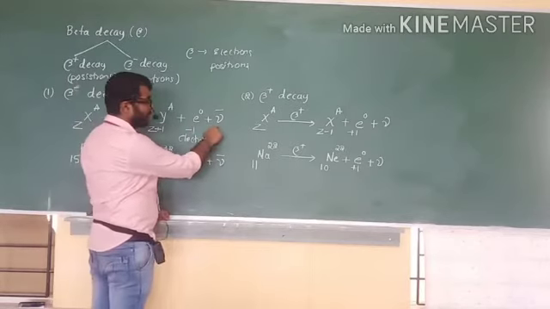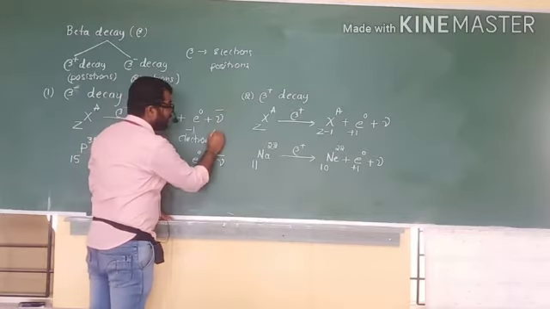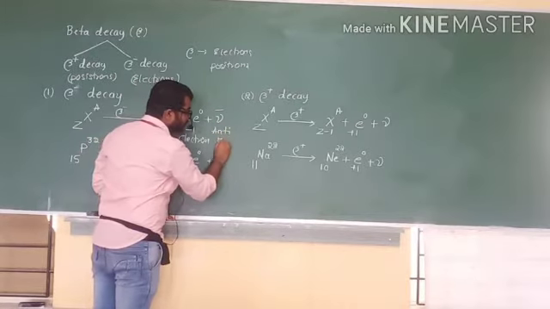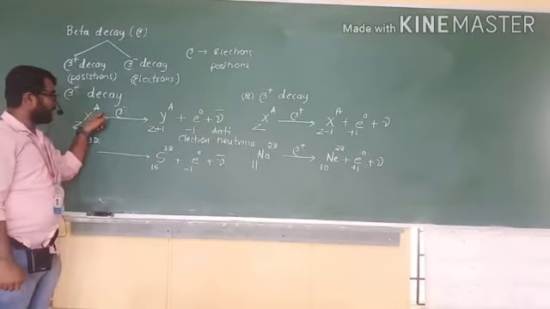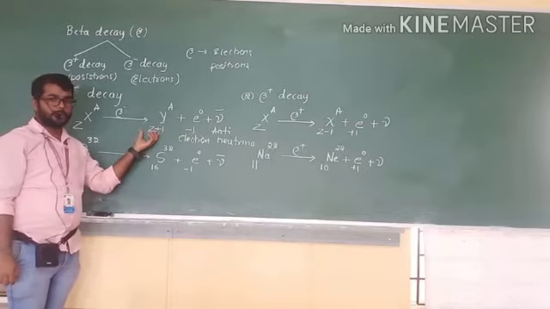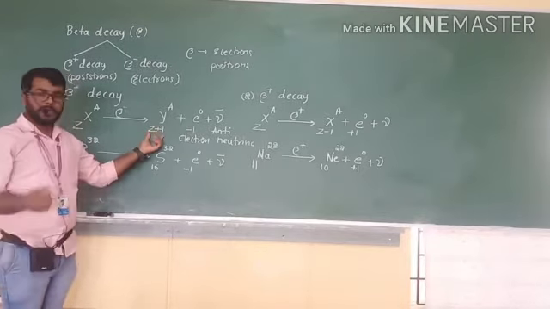That particle is called an anti-neutrino. So during negative beta decay this anti-neutrino is formed. When ZXA undergoes beta minus decay, the atomic number of the daughter nucleus increases by 1 unit and the mass number remains the same.